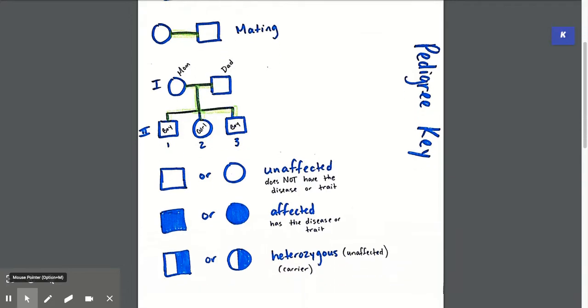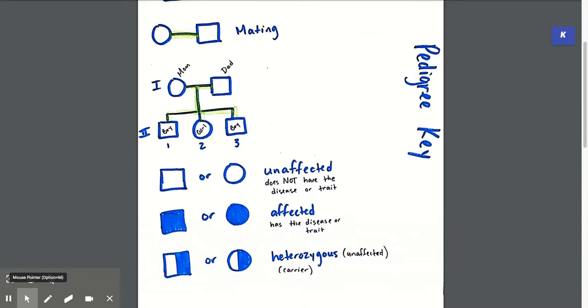Now, I mentioned just a minute ago that we can use these pedigree charts to show the inheritance of diseases or traits within a family. So if we have a square or a circle, again, males, females, that's not colored in at all, that is an individual that does not have a disease or trait.